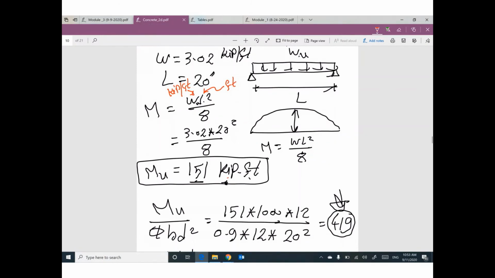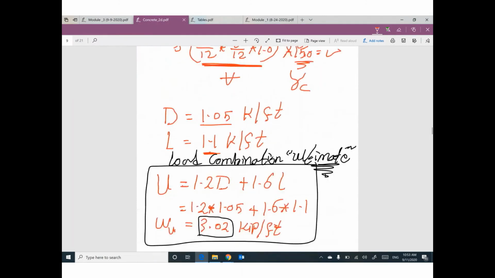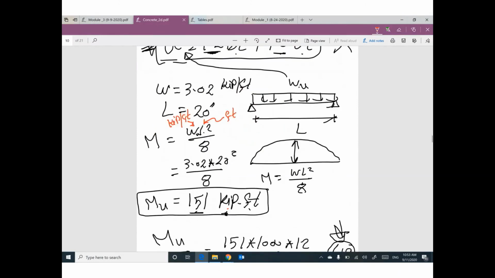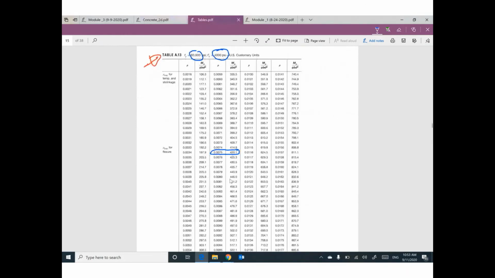If you go back, dead load kip per foot, live load kip per foot. So if you are using this equation, your W is kip per foot, your bending moment, everything in kips and everything in feet. So your final moment will be kip-foot. So I need to convert this one to pound-inch. Anyway, after you are done, rho equals 0.0075.